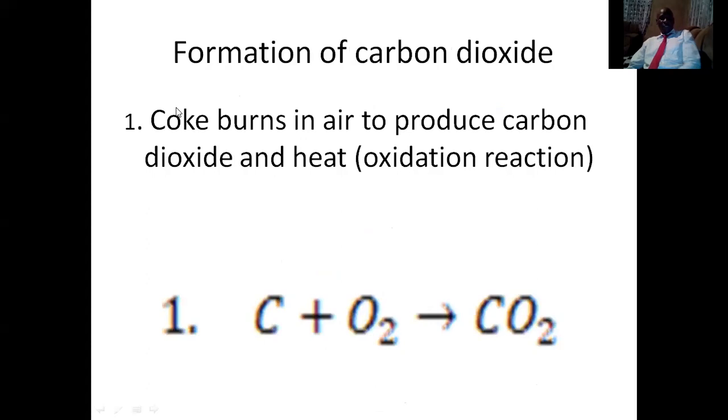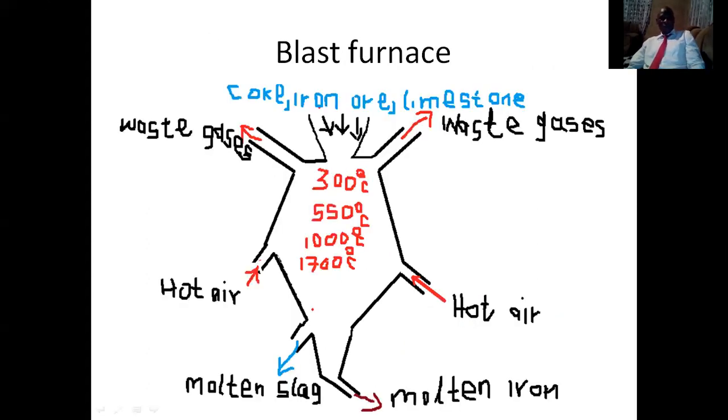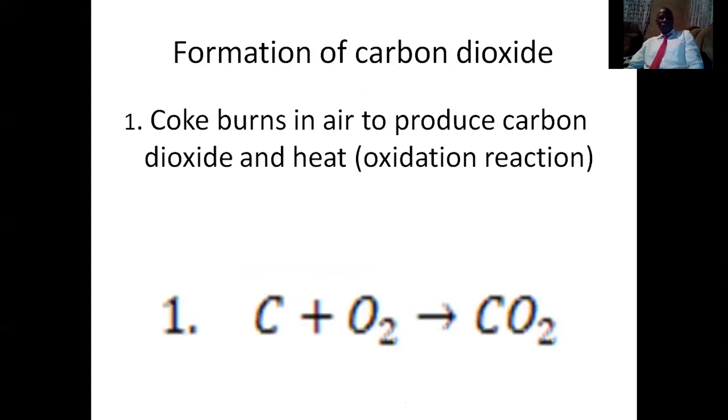The first reaction is that when we pour the coke, it will come down where it is very hot, and it will come in contact with hot air, and therefore there will be a reaction. We know that hot air contains oxygen. So the coke, which is the carbon, will react with the oxygen to form carbon dioxide.